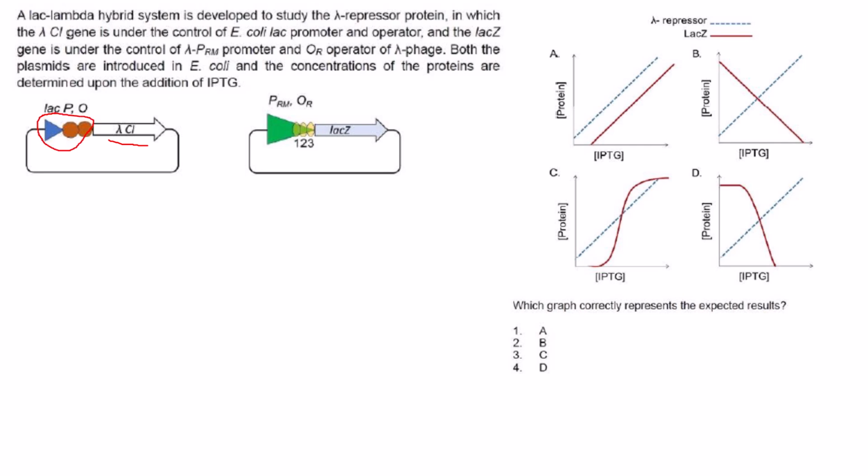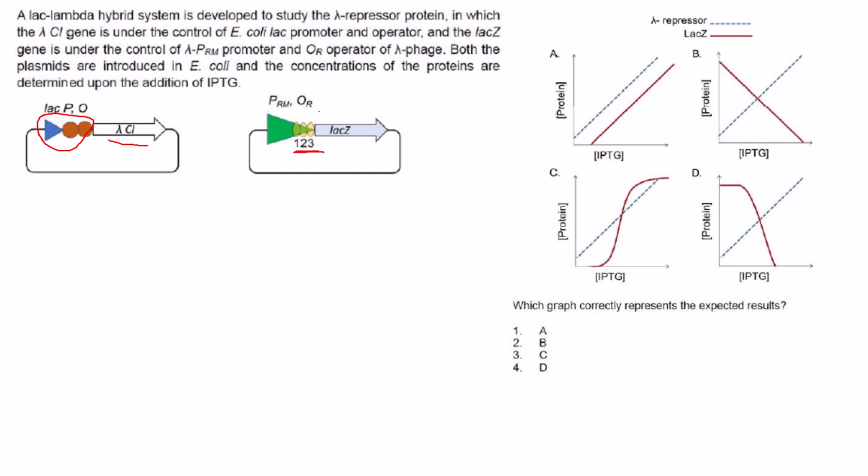And the lacZ gene, which was usually under the control of the lac promoter and operator, they took it and put it under the control of lambda PRM promoter and OR operator.